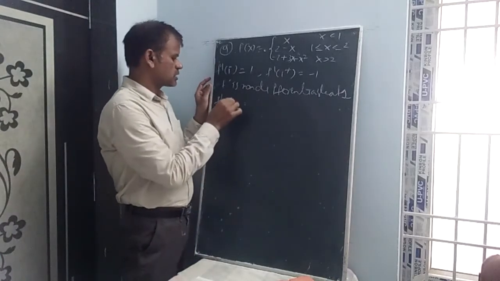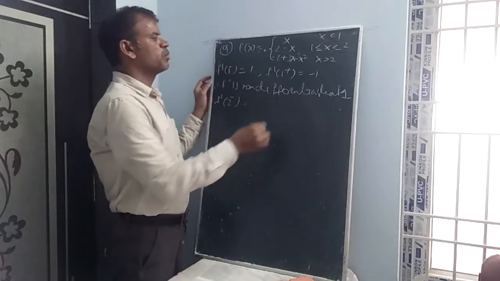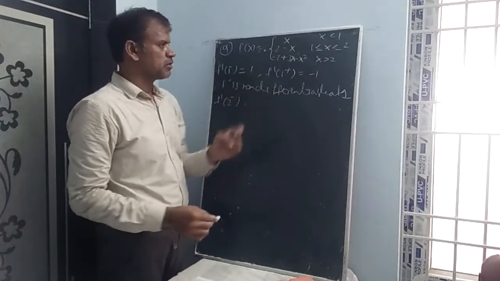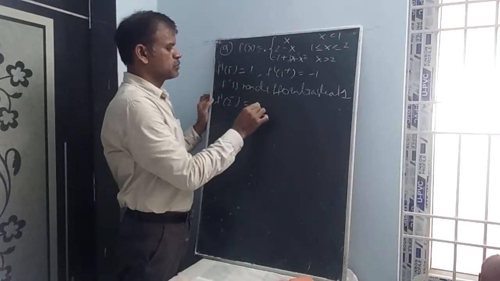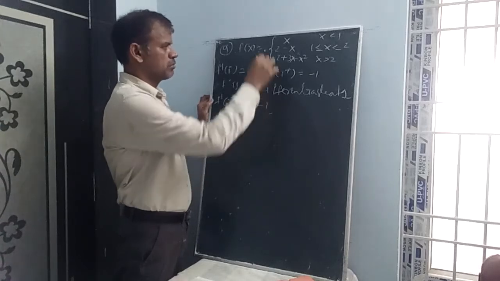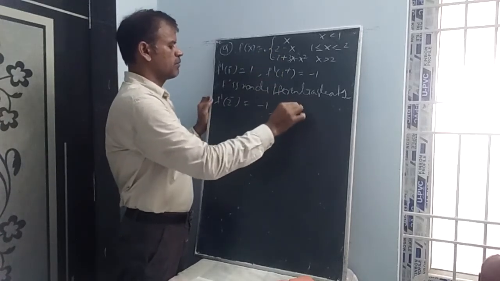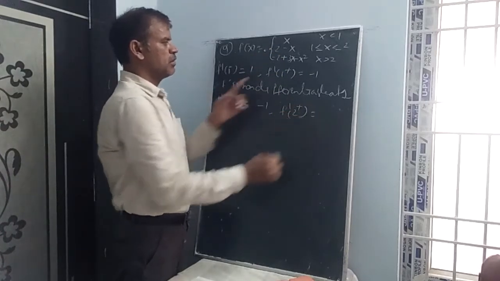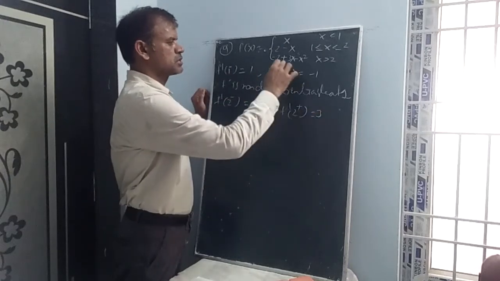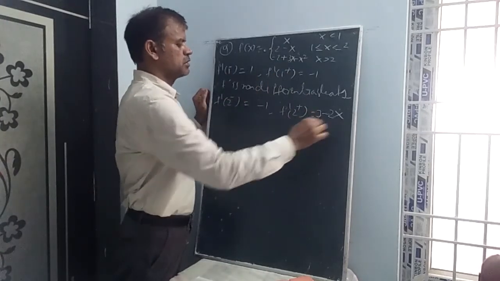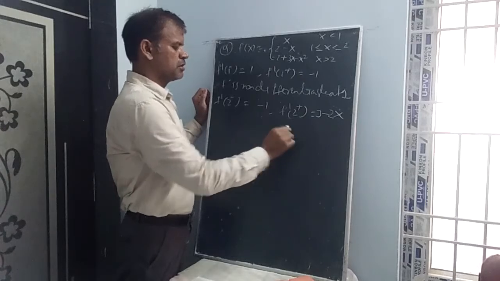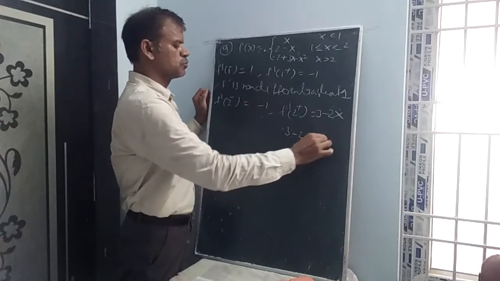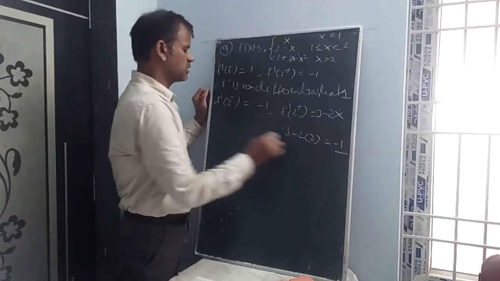Now, f dash of 2 minus you can take. Take this one: derivative of 2 minus x is minus 1, because derivative of 2 is 0. And f dash of 2 plus: derivative of minus 2 is 0, derivative of 3x is 3, minus 2x. Instead of x, we substitute 2. 3 minus 4 becomes minus 1.